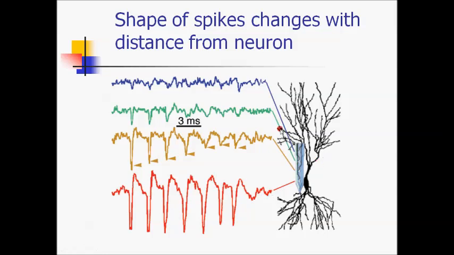If we have a site which is closer to this apical dendrite, then the same spikes will have a decreasing amplitude if, for example, the neuron is bursting. Here I'm talking about one specific case when pyramidal cells sometimes can fire multiple spikes at very short distance from each other, less than 3 milliseconds between spikes.